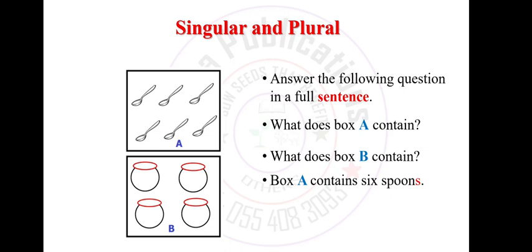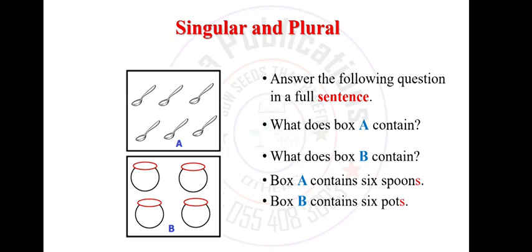So in the previous one, you said a spoon, meaning only one. You said a house, only one. You said a knife, only one. You said a pot, because only one. So now, we are going to say B contains 6 pots. You might have written it contains pots. You are correct.